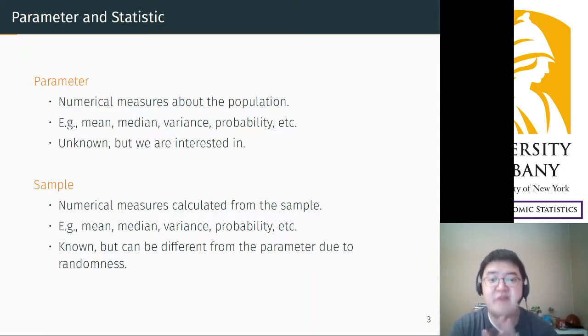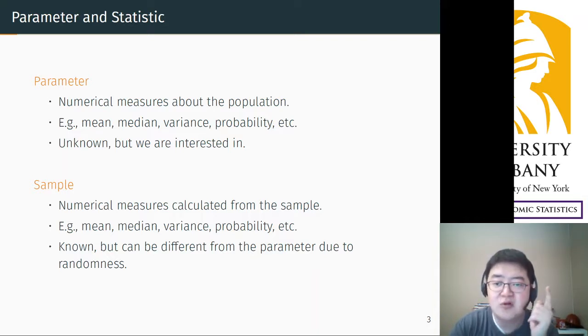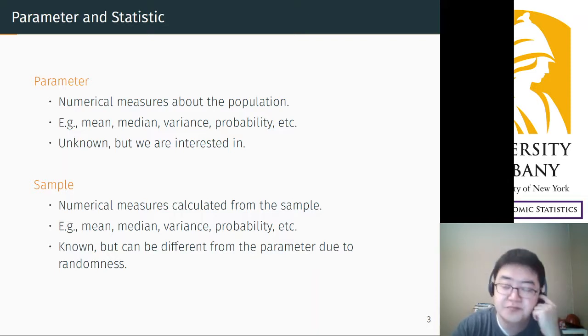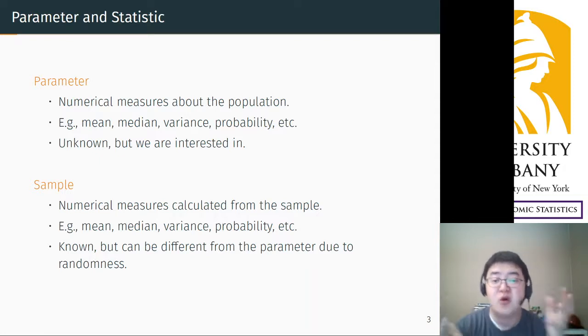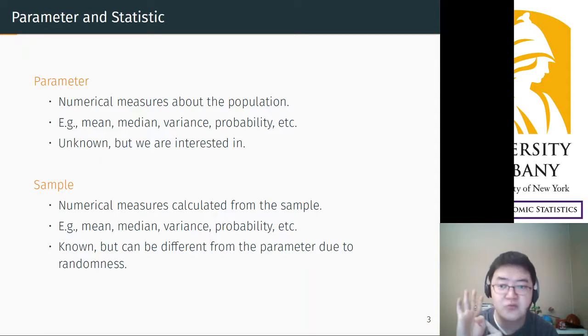Mean, median, variance, probability, whatever can be a parameter. Simply speaking, a parameter is exactly the number you are guessing. You want to estimate the mean, or you want to estimate the probability at 0, for example. So a parameter is just any number you want to estimate. You are interested in it, but it is unknown. It should be unknown, but you are interested in it.